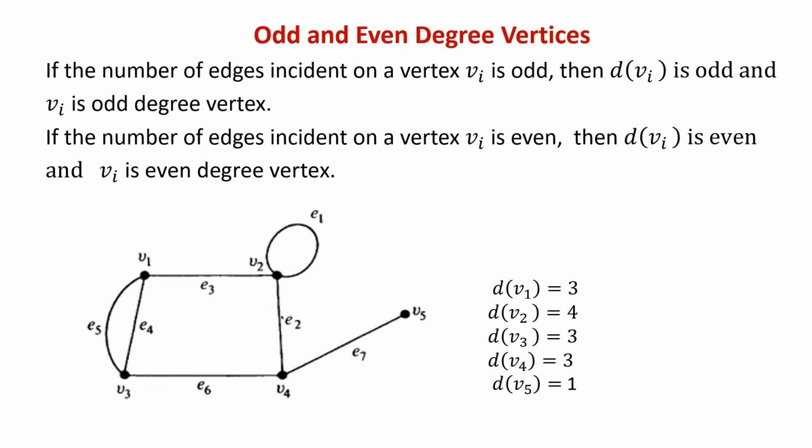Here the only vertex with even degree is V2, so V2 is an even degree vertex, and all the vertices V1, V3, V4, V5 except V2 have odd degrees. So they are odd degree vertices.